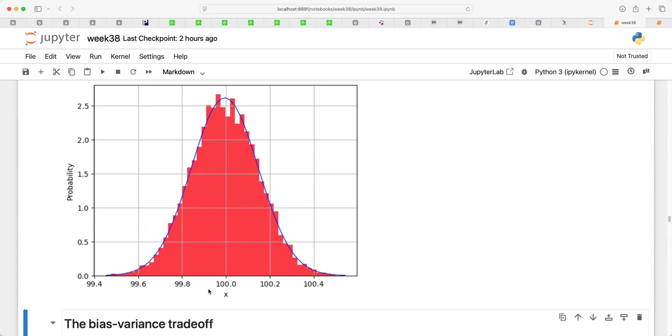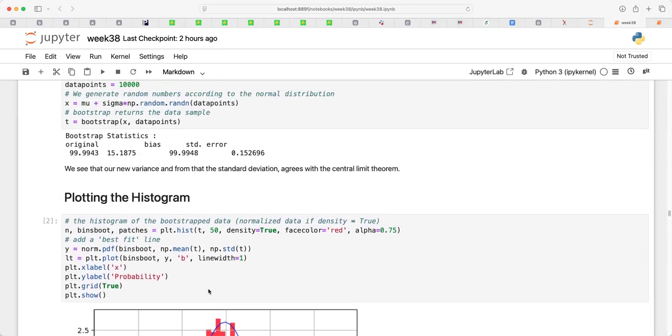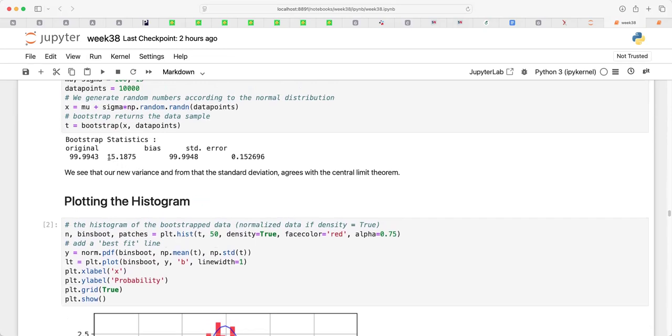So if you now look at the standard deviation, the original one was 15. We don't get 15 because we have only 10,000 data points. In that specific case, we now have a result with a mean value of 99. And then I can predict 99 point something with 66% confidence if I had plus minus 15.